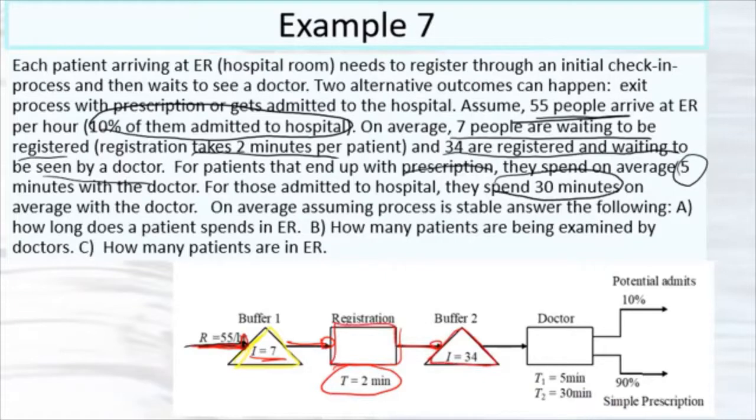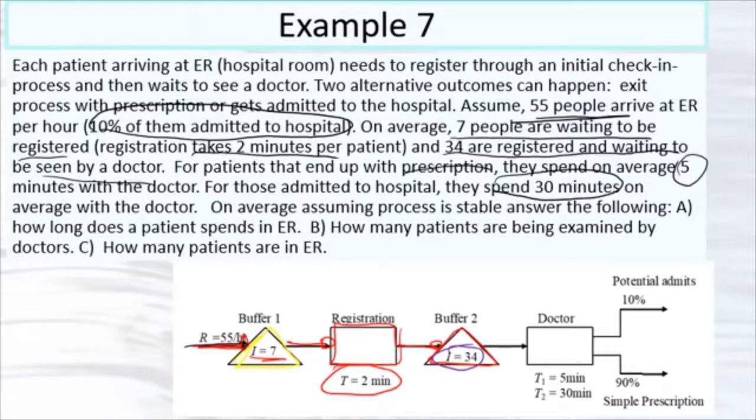And again, we're just basically interpreting the question. That's all we're doing. We're just drawing what the question said. So we're drawing the process. Then we have another waiting station, and this is the waiting to get seen by the doctor. And they told us that there are 34 patients waiting, so they are in inventory.